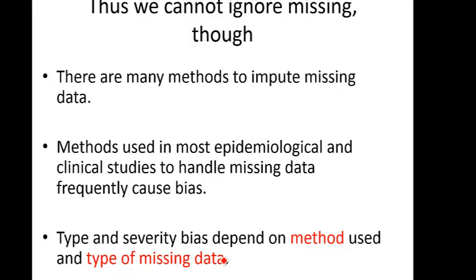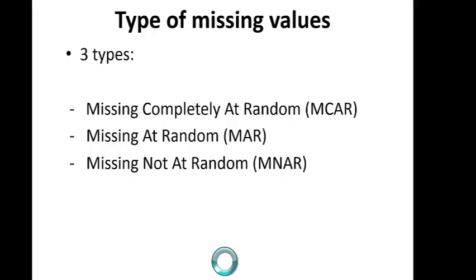So let's start with the types of missing data. There are three types: missing completely at random, MCAR; missing at random, MAR; and missing not at random, MNAR.